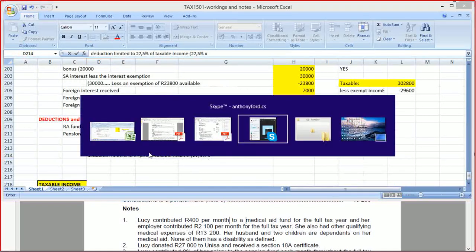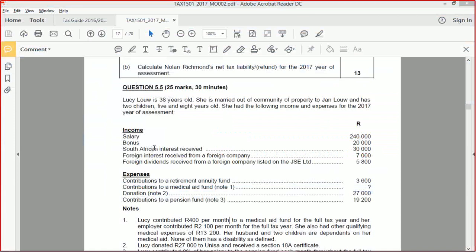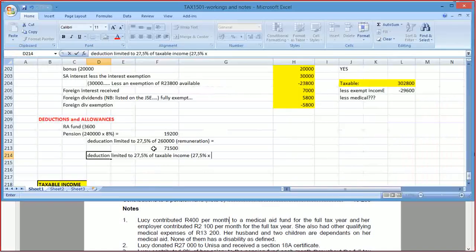So we need the medical. Where's the medical? Here's the medical. Contributions to a medical aid fund. Lucy contributed 400 per month. So go back to the deductions. Wrong page. That page.